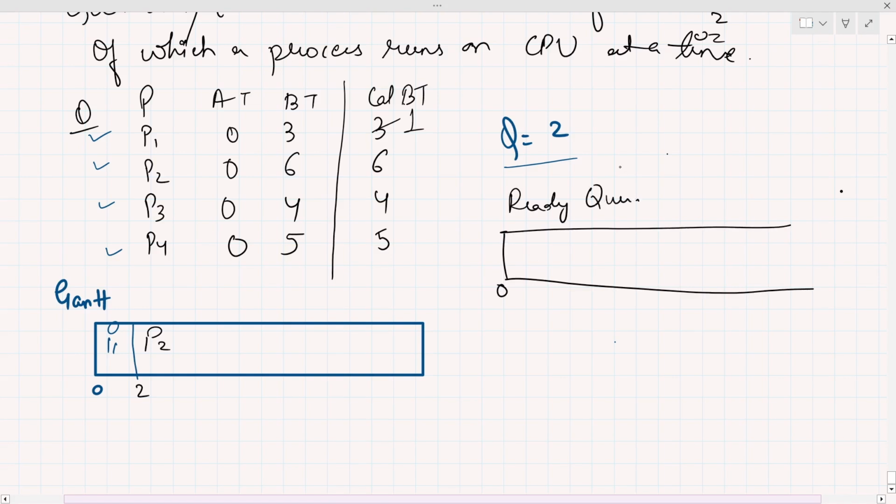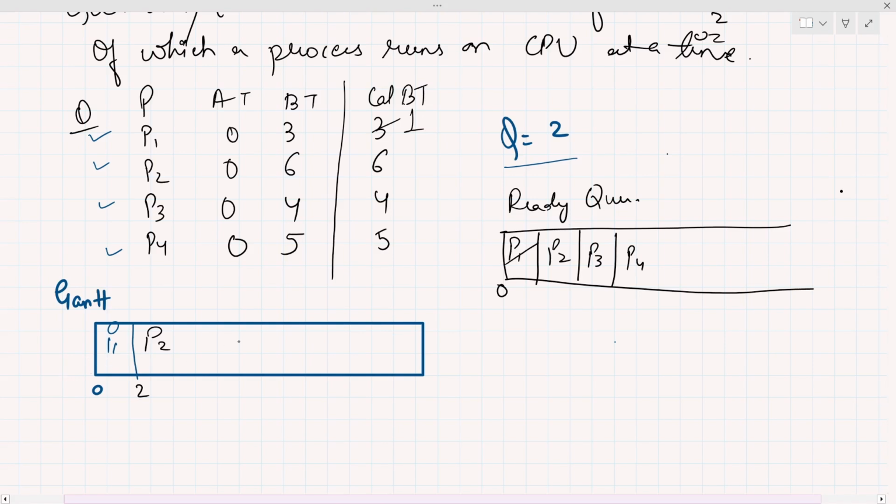A ready queue defines the sequence of processes, which process comes after a running process. Here there is a tie between all the arrival times, so all the processes are available, and we write them in a sequence: P1 first according to FCFS, then P2, then P3, then P4. P1 executes first, so remove P1 from the ready queue and put it in the Gantt chart, or the running queue.